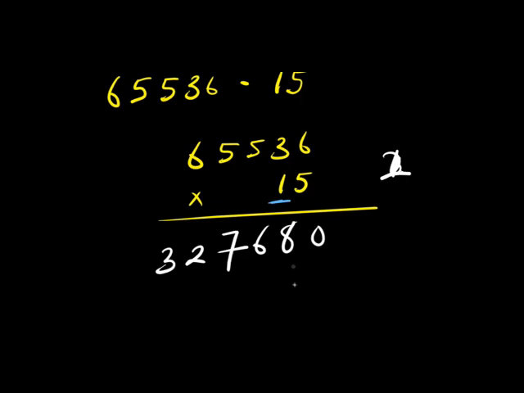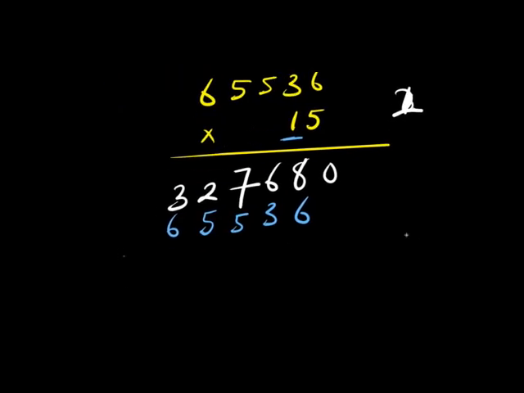Consider 1 times 6, 6, 1 times 3, 1 times 5, 1 times 5 again, 1 times 6, we have 6. Add up this together. 0, 8 plus 6, 14, 4 over 1. Add here, 7 plus 3, that is 10, 0 over 1.